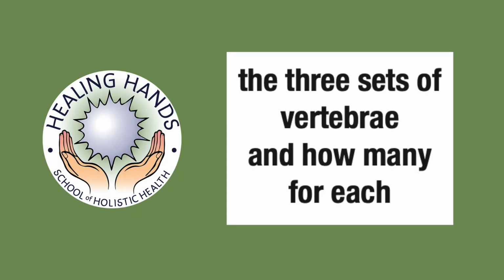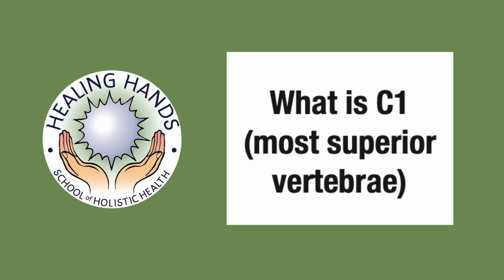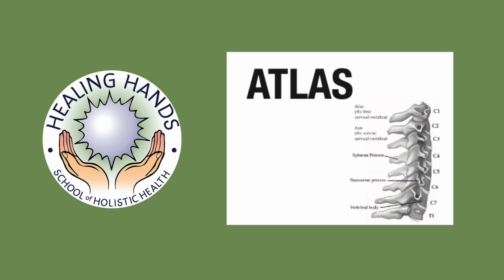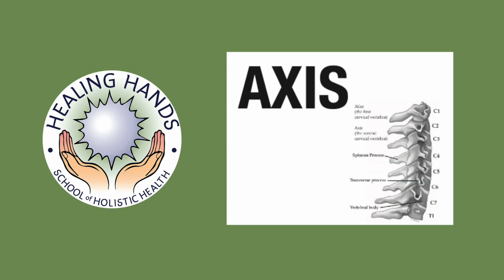The 3 sets of vertebrae: the top portion is cervical, there are 7. The middle, thoracic, there are 12. And lumbar, there are 5. The most superior vertebrae, C1, is atlas. Just inferior to C1, C2 is axis.